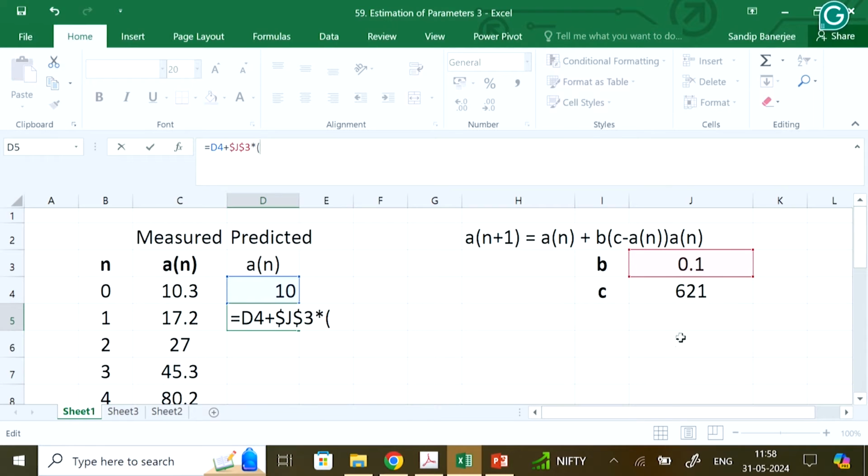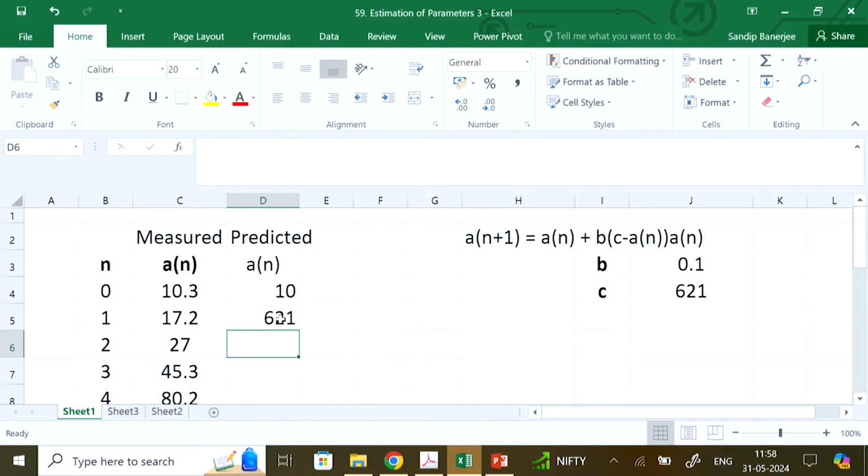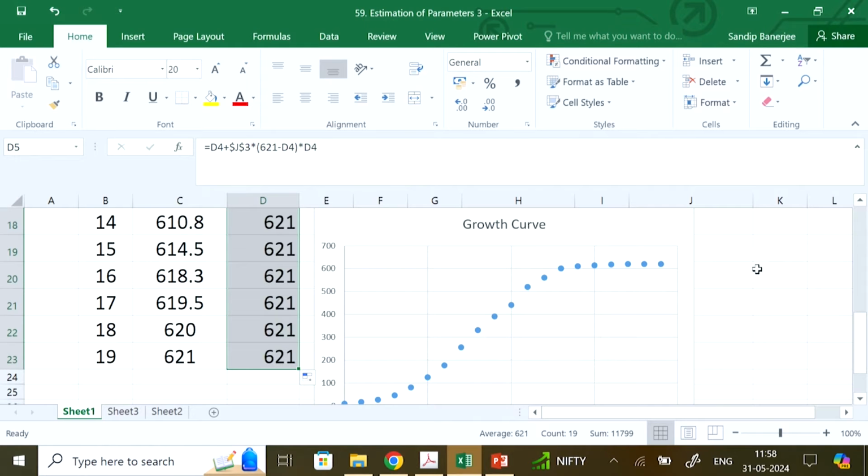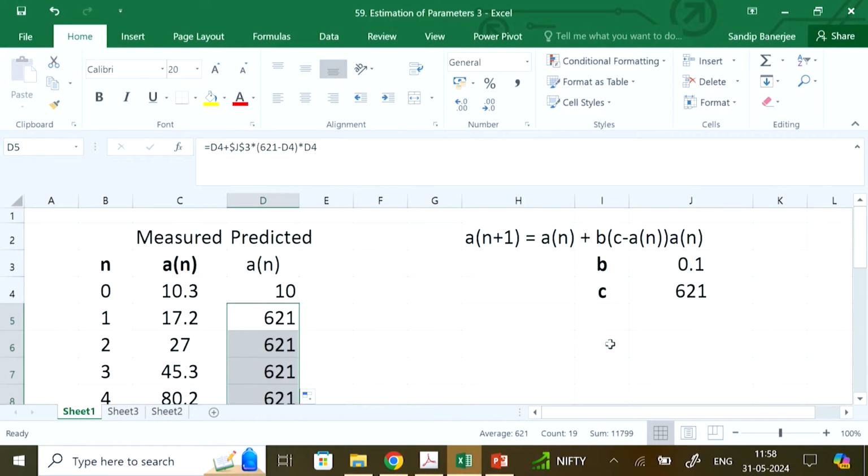So, I already took the value of c to be 621 minus a0, which is this, and multiplied by again a0. So, I get this value.